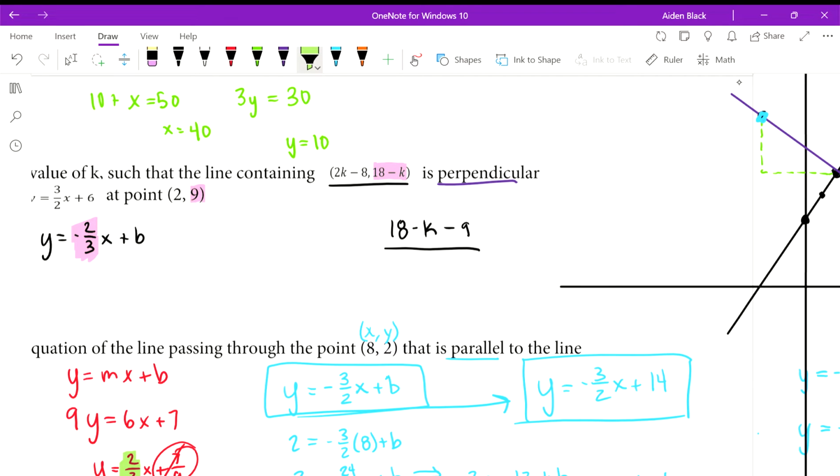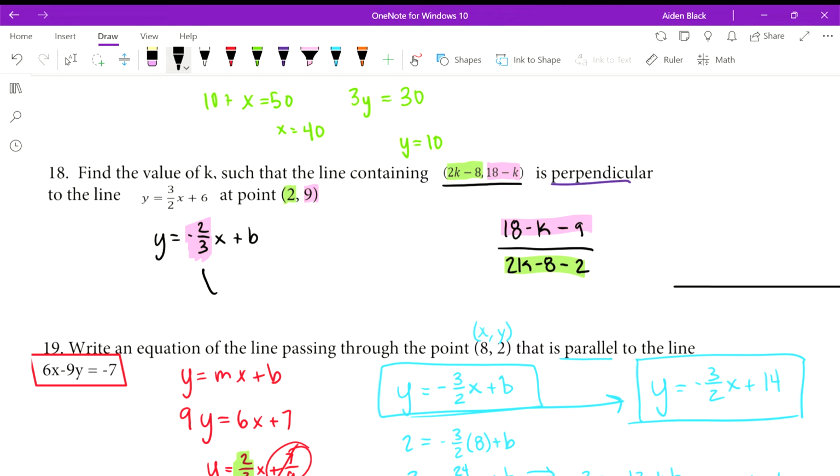And then we'll look at the change in our x, the horizontal change. So this would be 2k - 8 - 2. Okay, so hopefully you can see this clearly. This slope should be what we described here as -2/3.